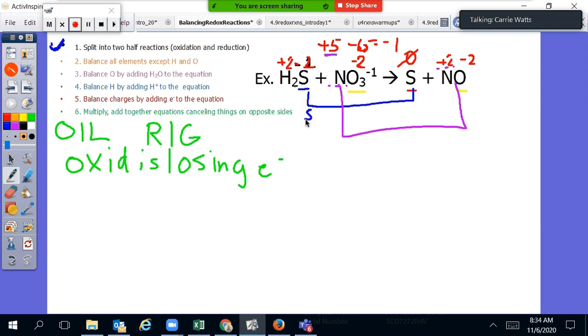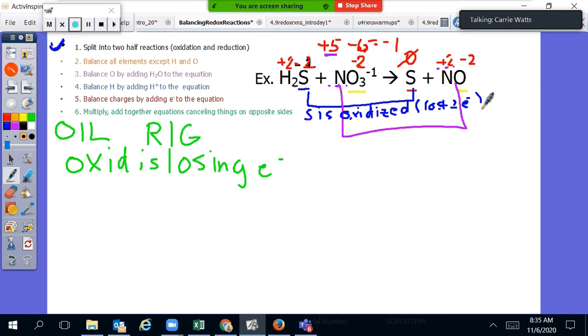So I write sulfur is oxidized, okay? And a lot of times in parentheses, I want to confirm my theory, and I say lost 2 electrons. I actually write it out, and I'm not joking, just to be clear, because I think this can be confusing.